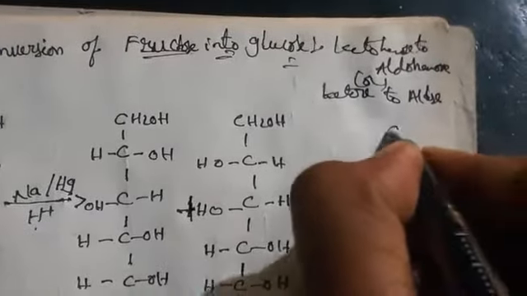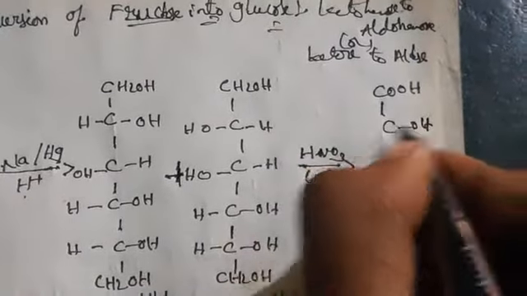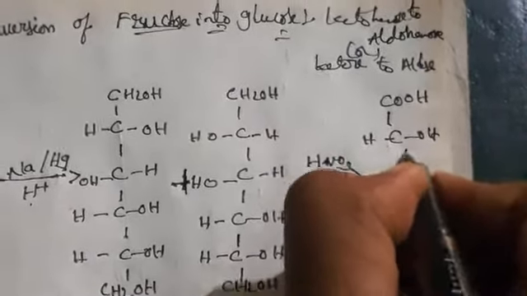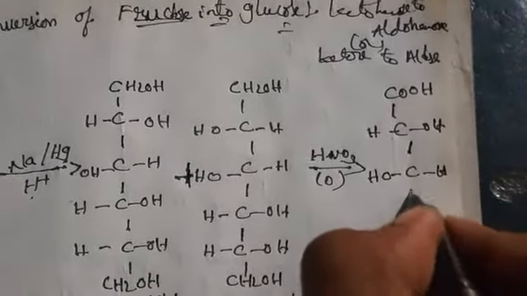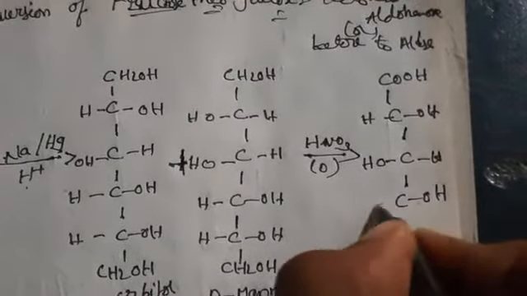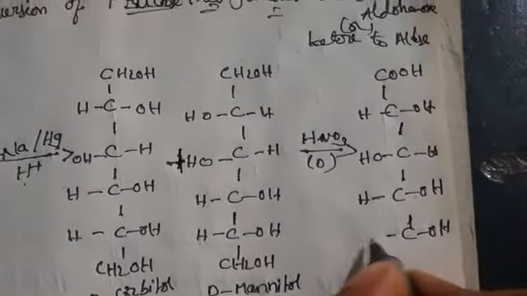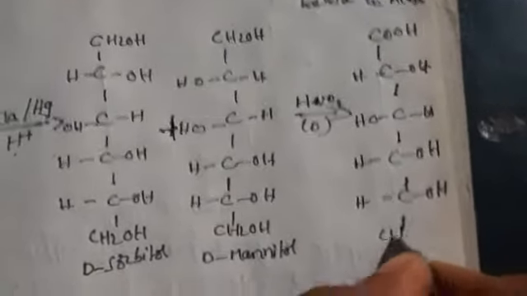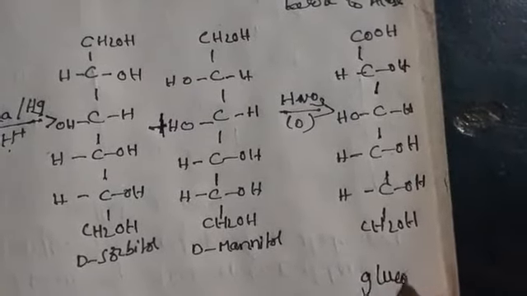Means what you are getting? COOH, CHOH, CHOH, HCOH, CHOH, CH2OH. So this one we call gluconic acid.